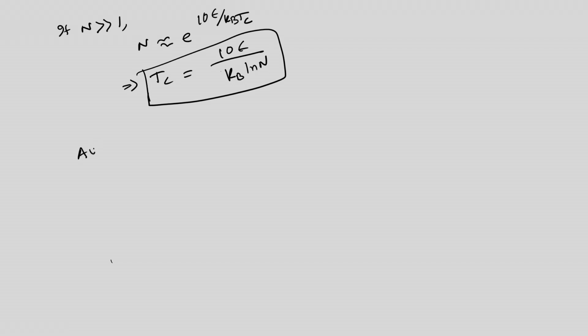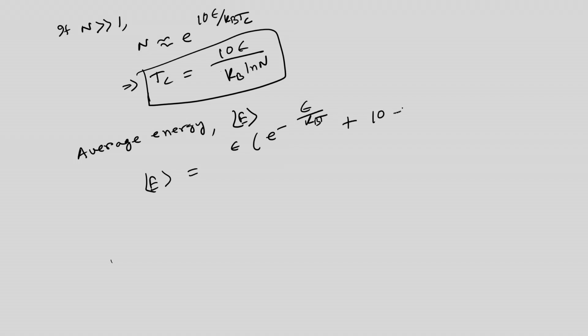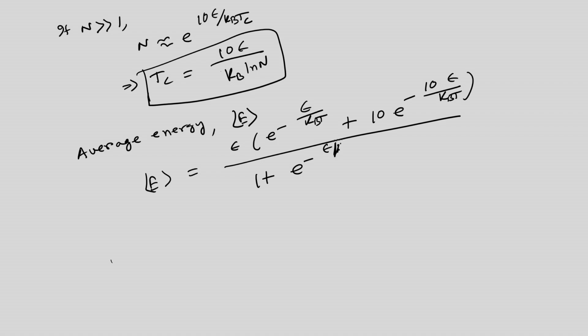Now we calculate the average energy, E average. So, E average is epsilon times e to the minus epsilon by kBT plus 10 epsilon e to the minus 10 epsilon by kBT, by 1 plus e to the minus epsilon by kBT plus e to the minus 10 epsilon by kBT.